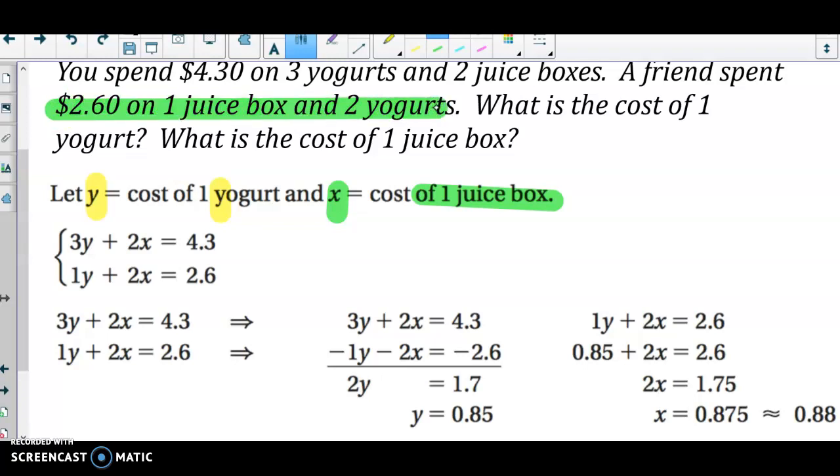Well, if it's 260 on one juice box and 2 yogurts, I'd agree that this is going to be the equation I'm working with. But wait a second here. It says I've got one juice box. If I've got one juice box, that should be X, and this should be Y. And everything after that is going to be kind of goofed up.